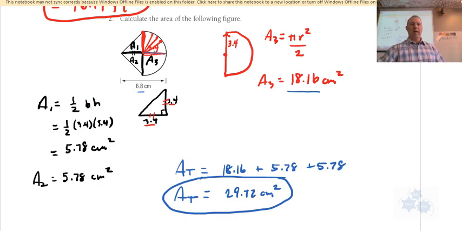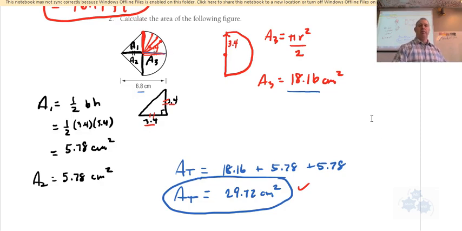So 1/2 base times height is the area for a triangle, and we need to do that 2 times. So 1/2 base times height, basically times 2. You should get this for a final answer, somewhere around 29.7. And we'll keep 2 decimal places usually in the question at least. If you keep more, that's even better.